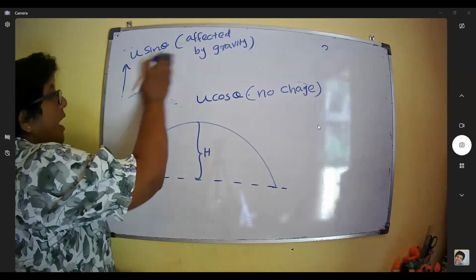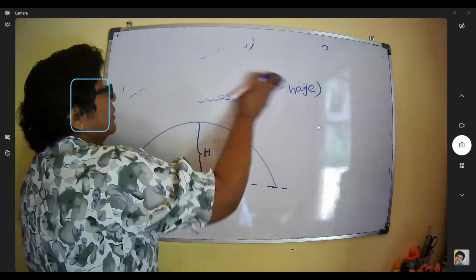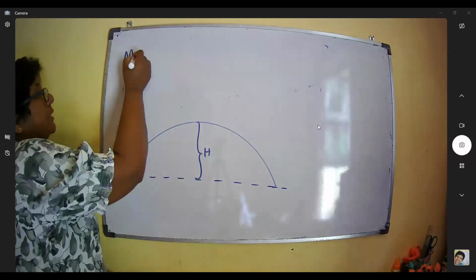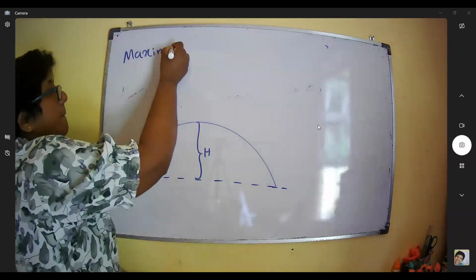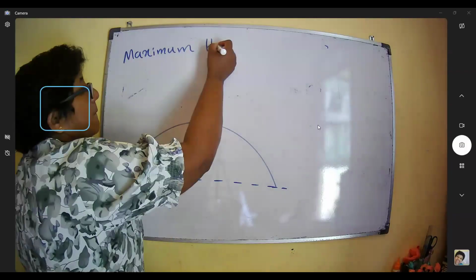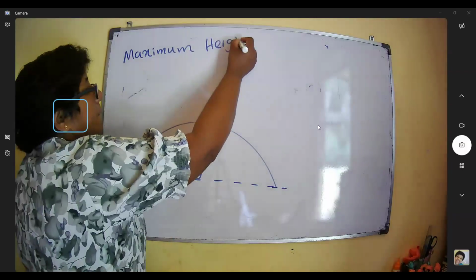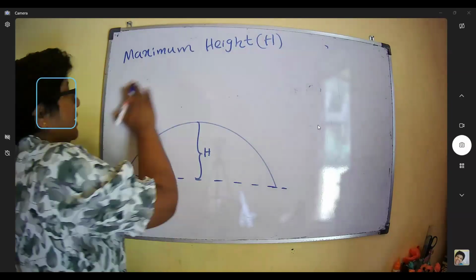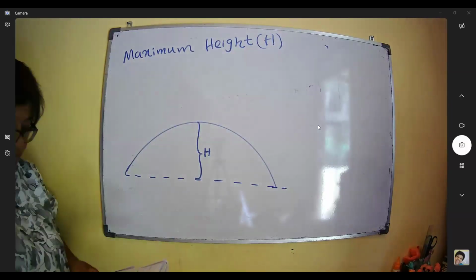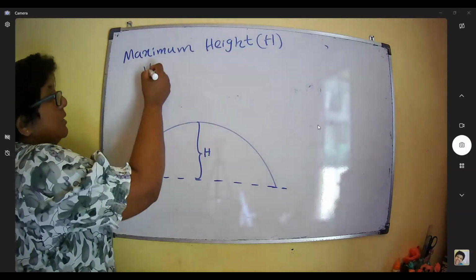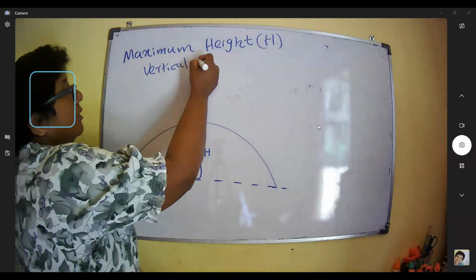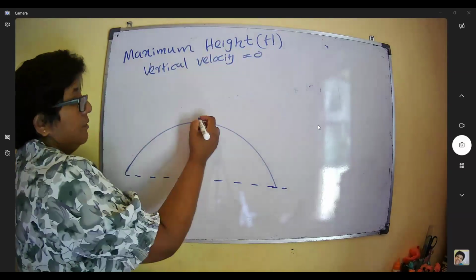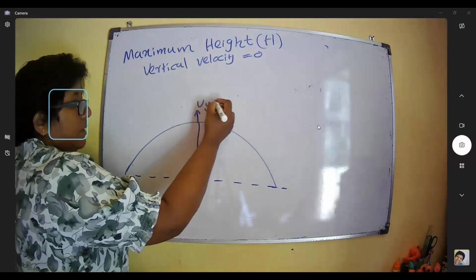At the highest point, maximum height, capital H. A question will ask what is the maximum height, like this, right? At the maximum height, the vertical velocity at that point is 0. Here Vy is equal to 0, but Vx is the same.